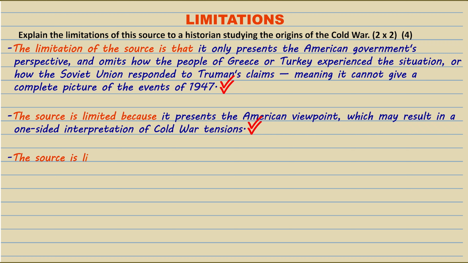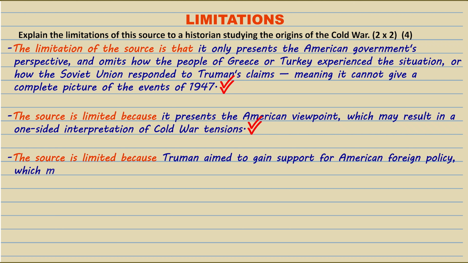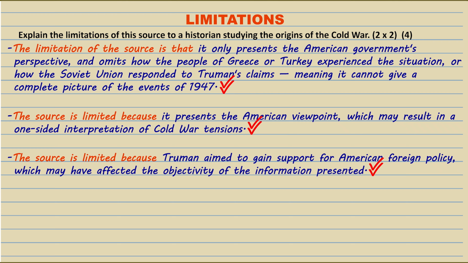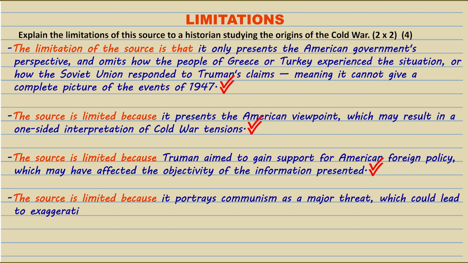The source is limited because Truman aimed to gain support for American foreign policy, which may have affected the objectivity of the information presented. We can take that idea further by looking at how this purpose may have influenced the content of the source itself. So our answer can be, the source is limited because it portrays communism as a major threat, which could lead to exaggeration or selective presentation of information.